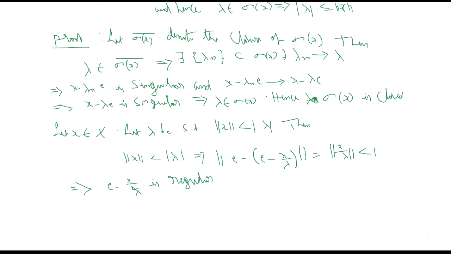That implies, by the previous theorem, x minus lambda is regular. Hence lambda belongs to rho of x.